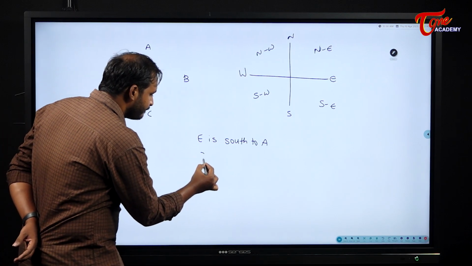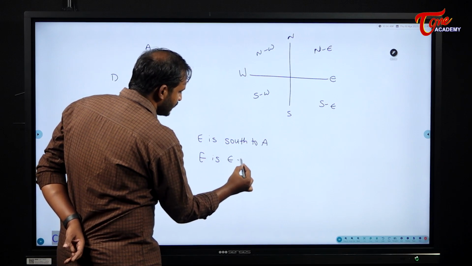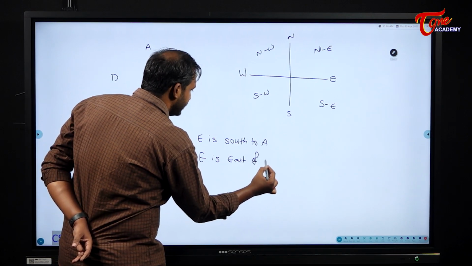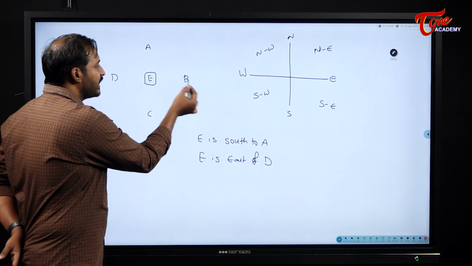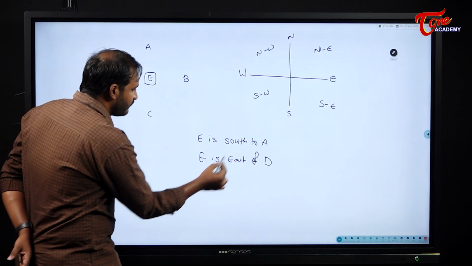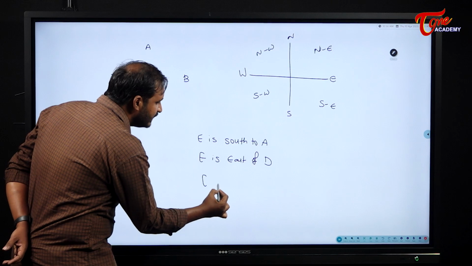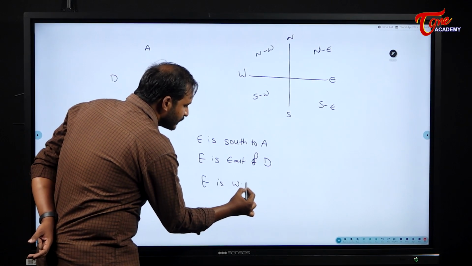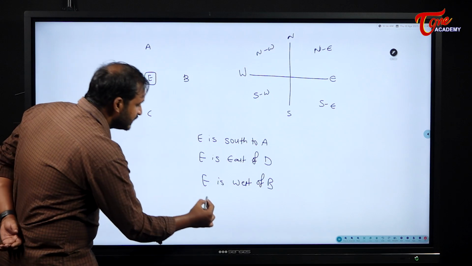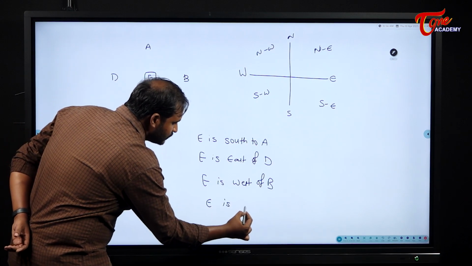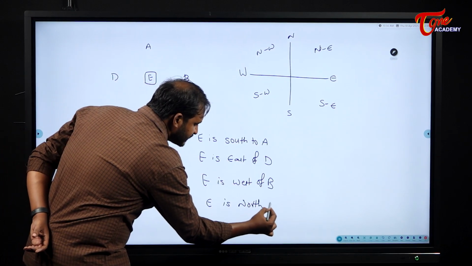E is east of D, because E is towards the east direction of D. Next, with respect to B, what can I write? E is west of B. And with respect to C, E is north of C.